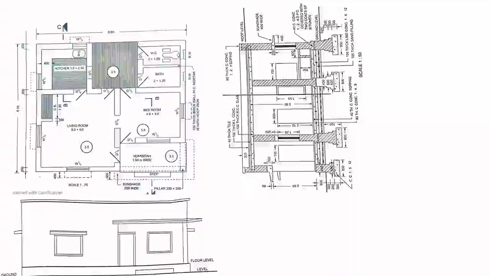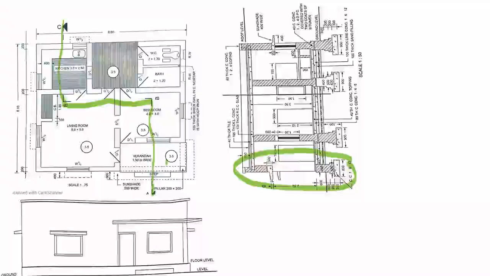Now it will be clear for you. See, this is the section of A, B, and C. So this part is of this wall, right? Here, what can you see at this part? Here it is an open wall, that is why it is here.